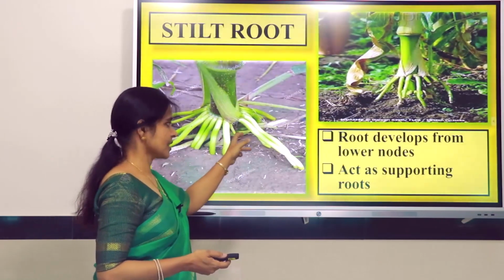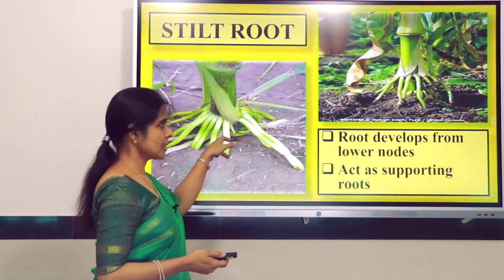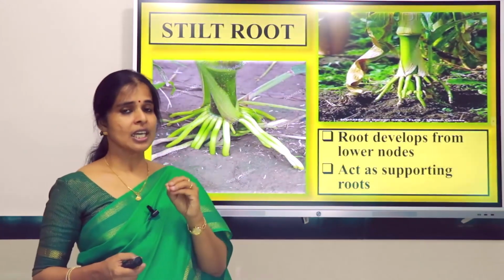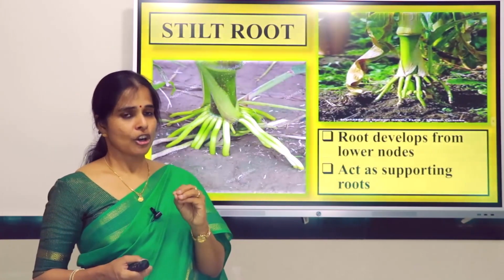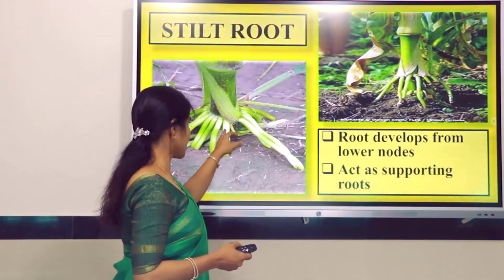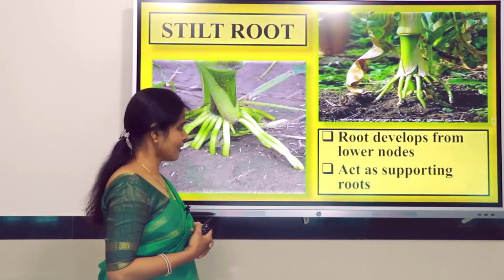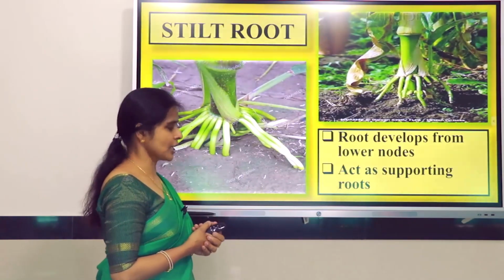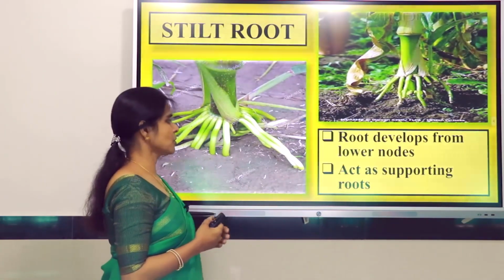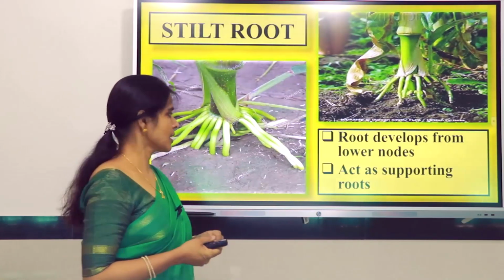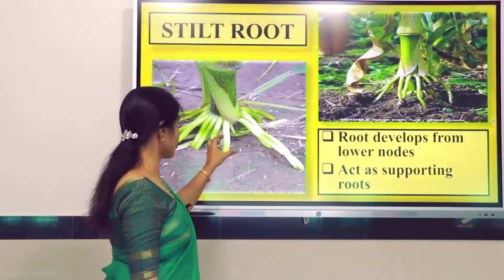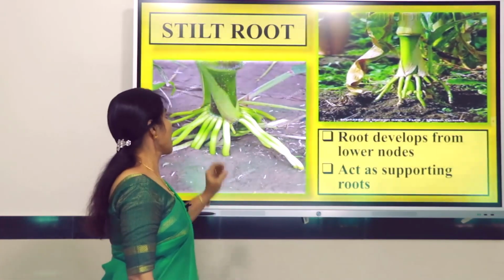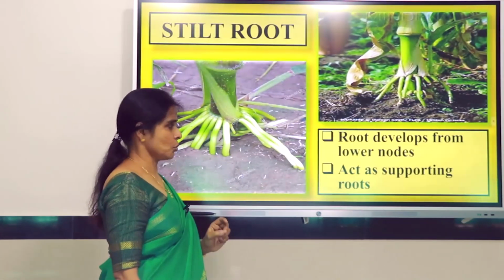So, in such cases, from the lower nodes of the plant, certain roots develop. In weak-stemmed plants, generally lots of roots develop from the lower nodes, which again act as supporting roots. So, this is also a supporting root, but for weak plants. Such roots, which develop from the lower nodes of weaker plants, are known as stilt roots.